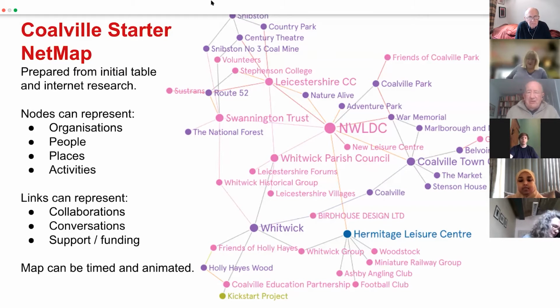We've got the basic organizations of Dina's table, but then we researched the websites of those organizations. And most organizations on their website will give you a description, and they will also give you an indication of who they work with, who they share projects with, who funds them, that kind of stuff.